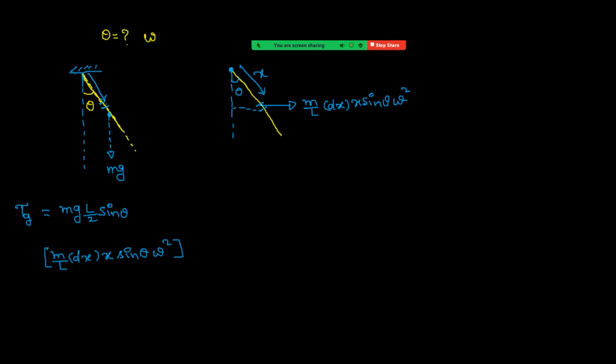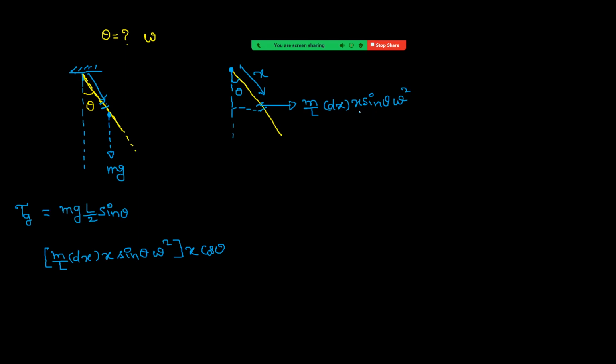You can see that the distance will be from here up to here. So this length will be x cos theta. That is the torque due to this pseudo force.